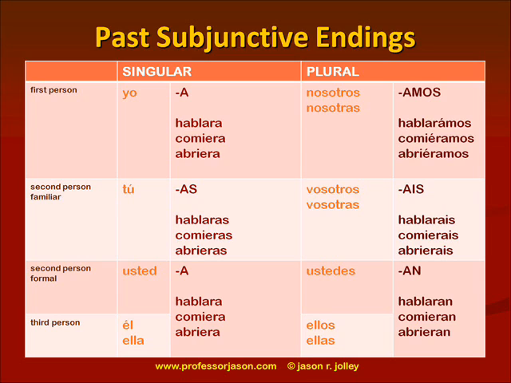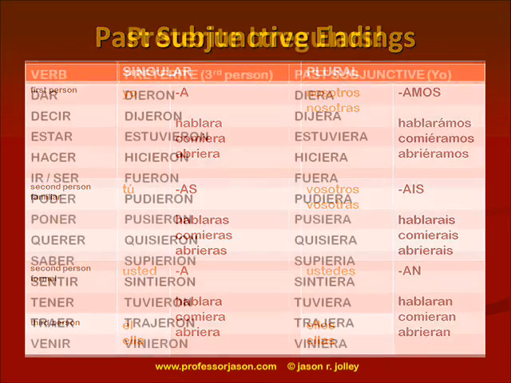Notice that when you say these forms, hablara, hablaras, hablarais, hablaran, you stress the second to last syllable, even though there's no written accent, okay? Except in the case of the nosotros or nosotras forms, when you stress the third to last syllable, habláramos, comiéramos, abriéramos. Notice in that case, in the nosotros, nosotras form, we have a written accent for that third to last syllable that we're stressing.